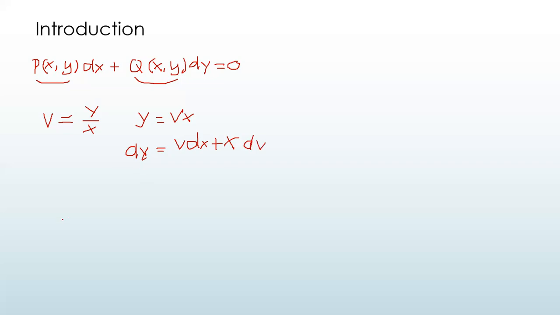And the implications are the functions P(x,y) in this differential equation become P(x, phi x), because y equals phi x, and the homogeneous differential equation becomes x to the power m times R(phi), where R(phi) is the differentiation of P. And how about Q?